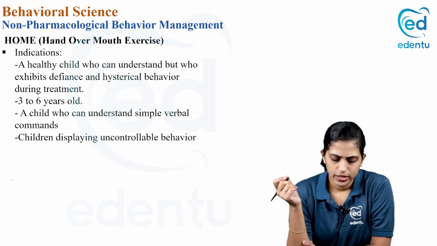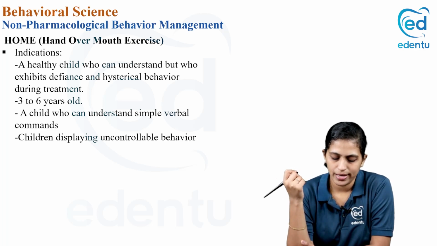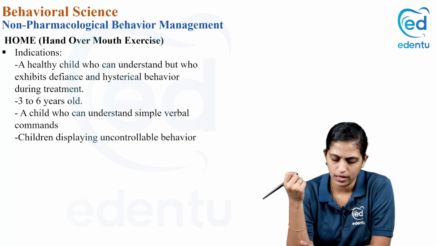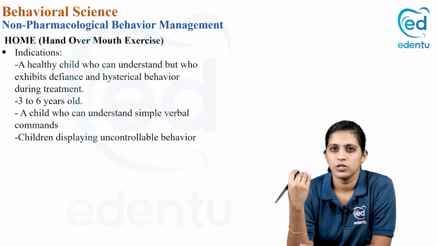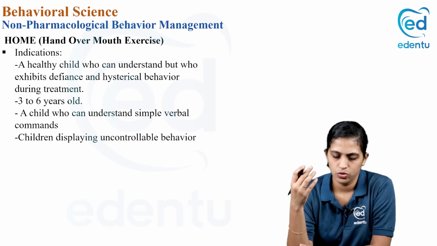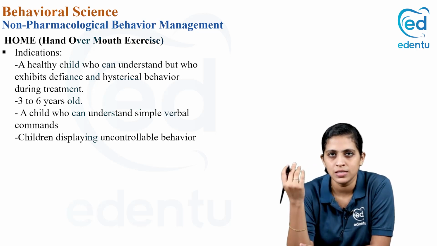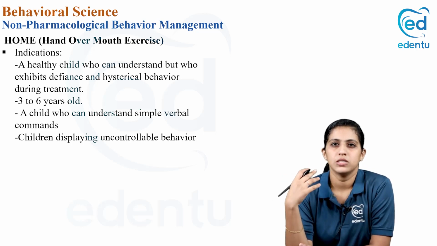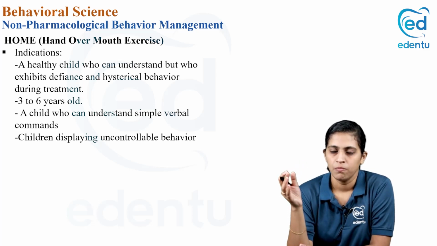The indication is a healthy child who can understand but who exhibits defiance and hysterical behavior during treatment. So HOME is never done for a child who cannot understand, such as children below 3 years or children who have a handicap. It is performed on children who can understand, but are kicking around or screaming and showing hysterical behavior.